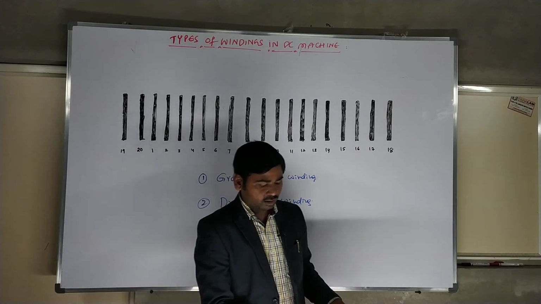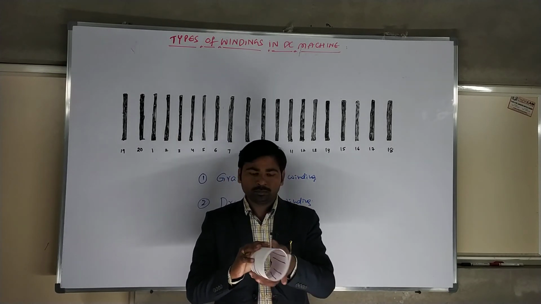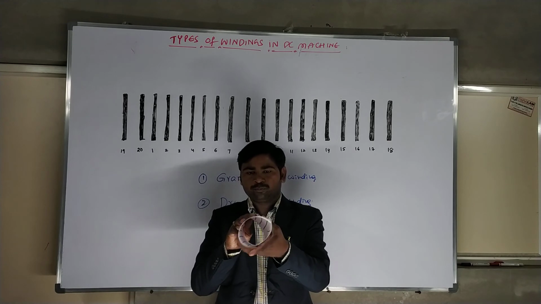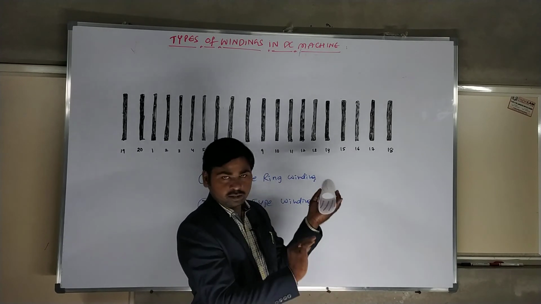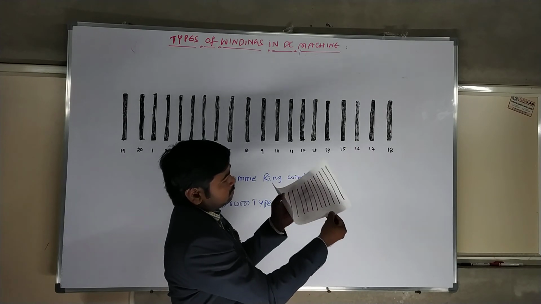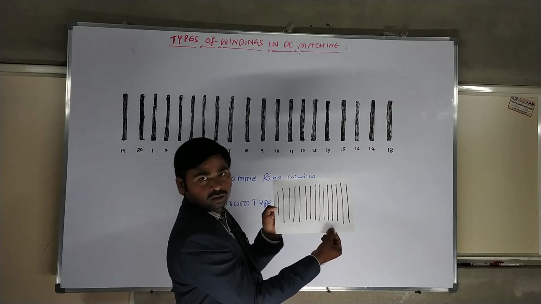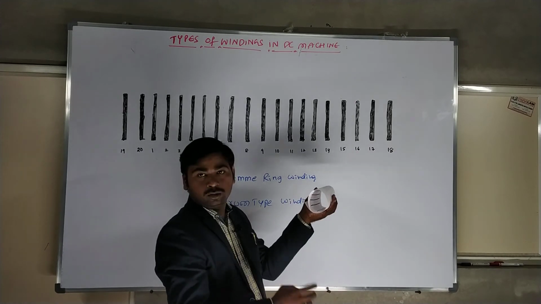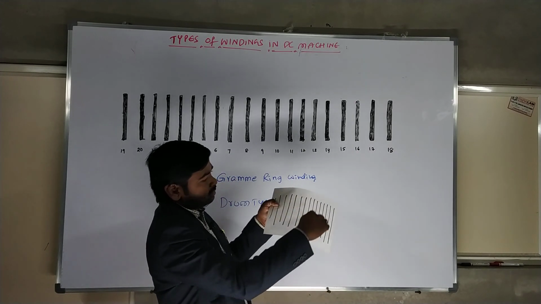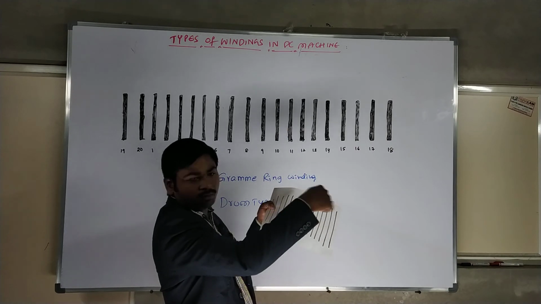For your convenience I have drawn it. This is the rotor body. The winding should be inside, in go and out go. I am opening it to show how the slots should be inside. Inside only, the lap or wave winding should be done.